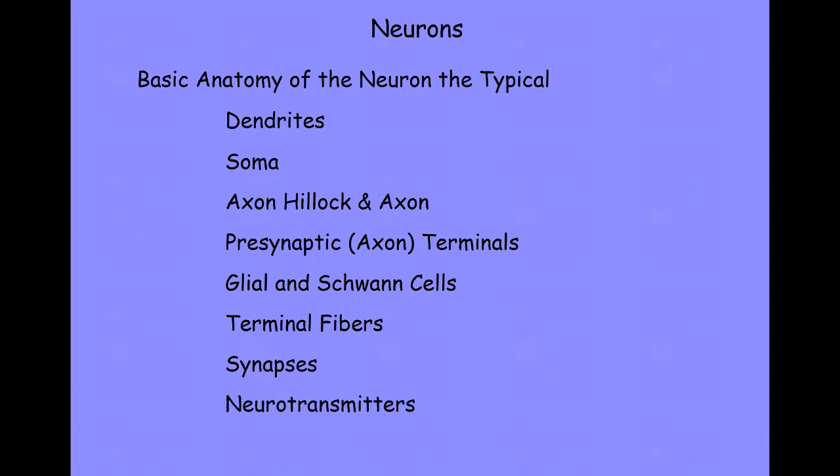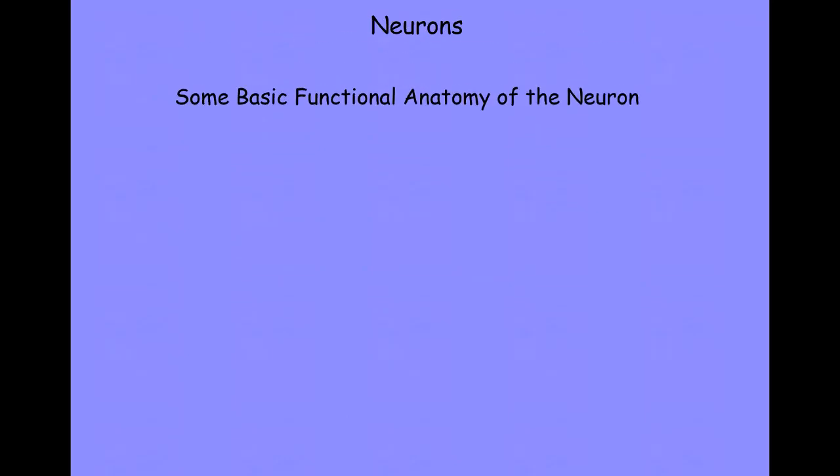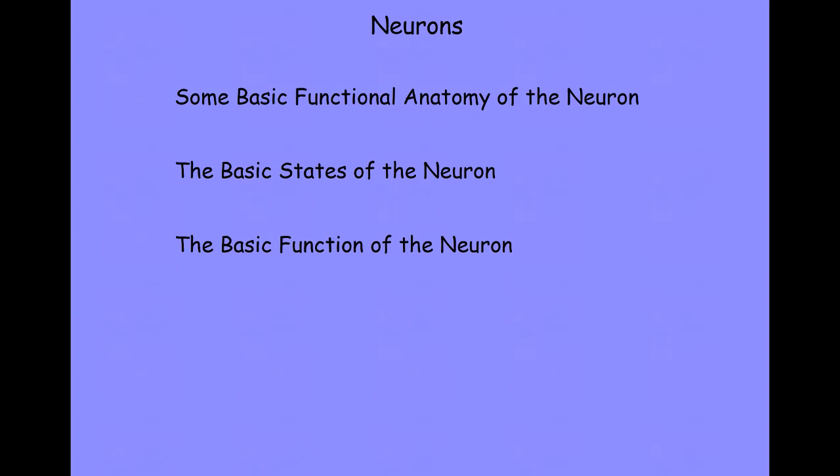We'll also talk a little bit about neurotransmitters, though not that much. After we get done with that, later in the lecture and other modules, we'll talk about some basic functional anatomy of the neuron, basic states of the neuron, basic function of the neuron, and basic types of neurons.